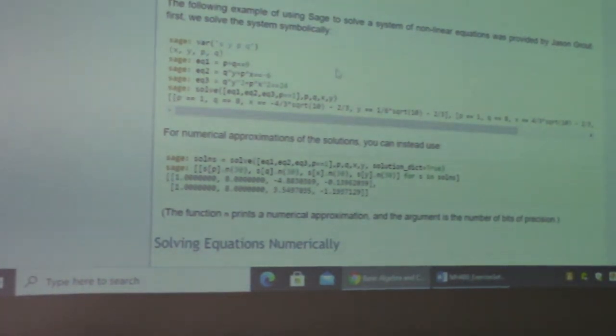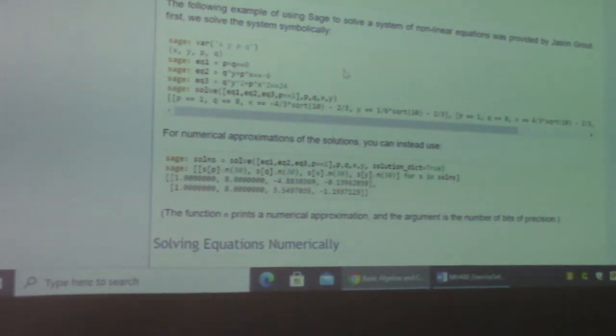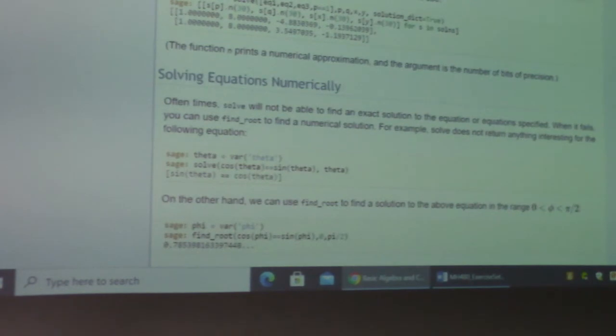That's nice. And there's also a numerical solver. Let's see here. What does the 30 mean? The argument is the number of bits of precision. Oh, so 30 bits. I see.